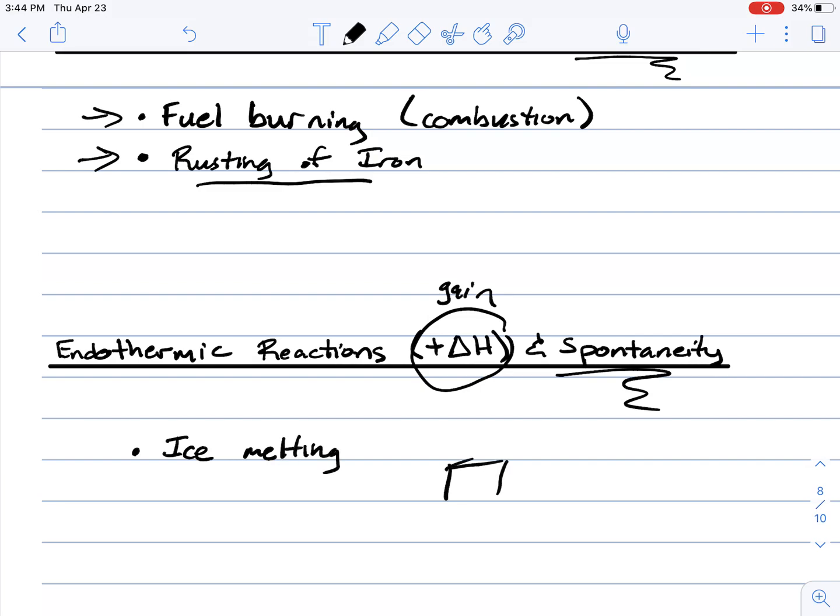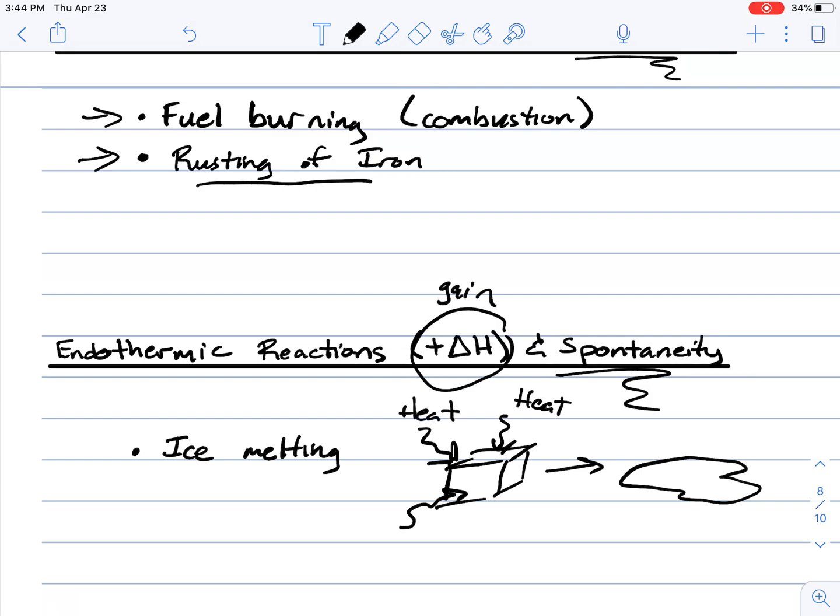If you have this ice cube, the only way for it to actually melt is if it gains heat from the surroundings. If the system, which is the ice cube, is gaining heat from the surroundings, then this is an endothermic reaction. And we know that ice melting is a spontaneous reaction.